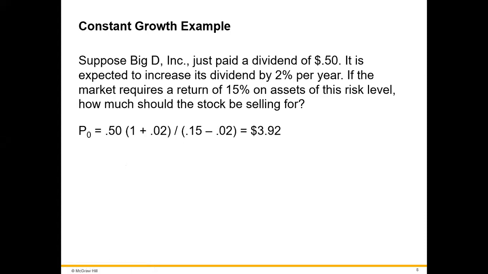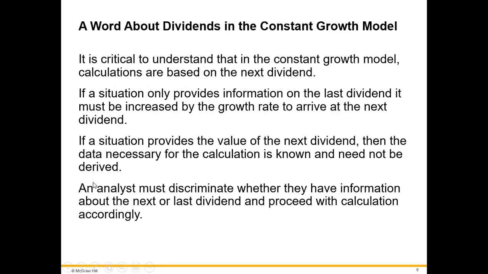So that's constant growth. Pretty straightforward. Not too bad. We're used to these, I hope, right? Now, and this is what I was just saying. It's critical to understand that in this type of model we just did, calculations are always based on the next dividend.